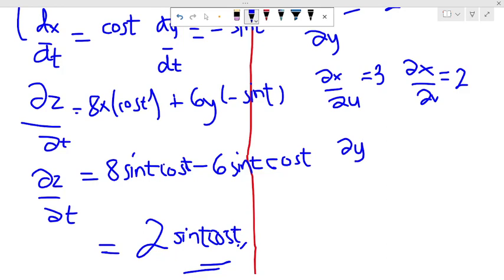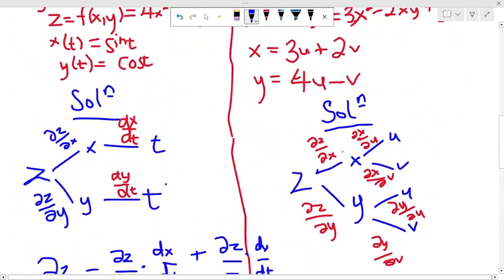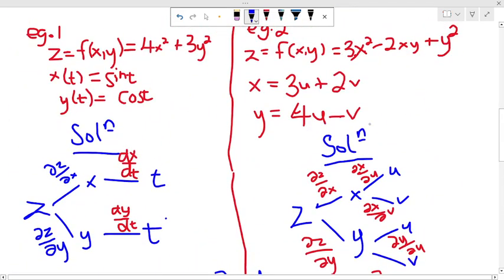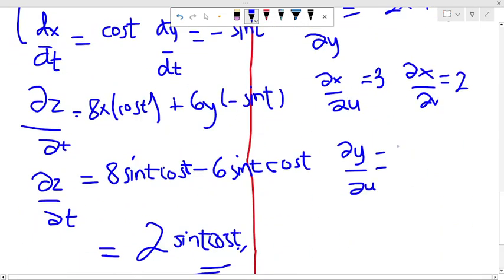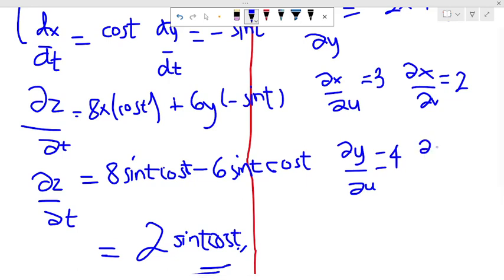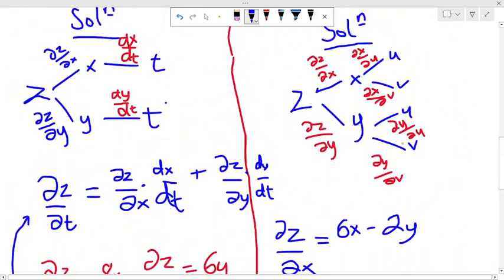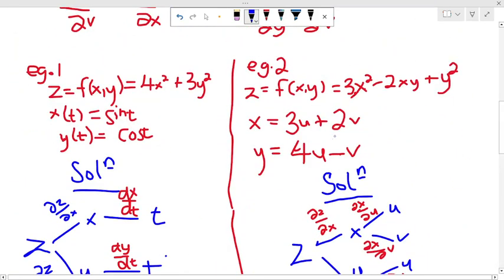Partial derivative of y with respect to u, same approach. So now we have 4u minus v, so our v becomes constant. So differentiating 4u, we end up getting 4. Now the partial derivative of y with respect to v, so now we are differentiating with respect to v, so therefore our u is constant, so 4u becomes 0.